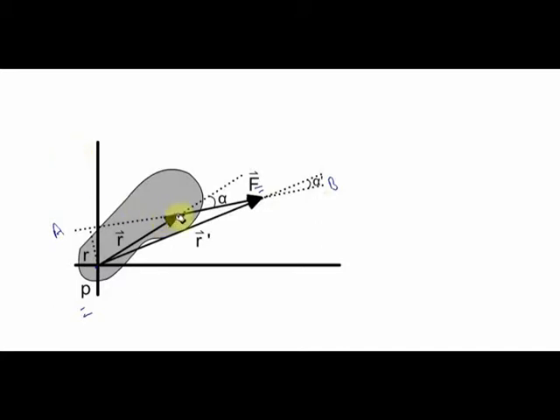So let's take a point C on the line of application AB. So the moment would be r cross f, where r is the position vector of point C with respect to point P.